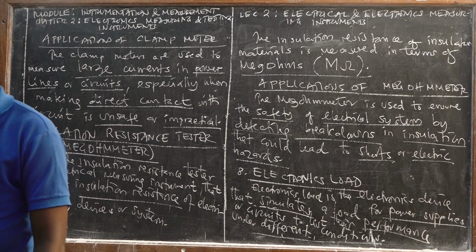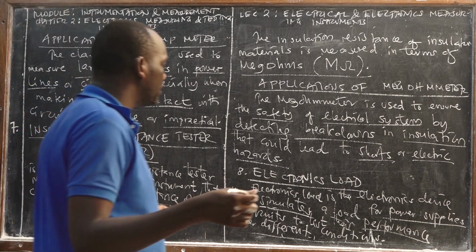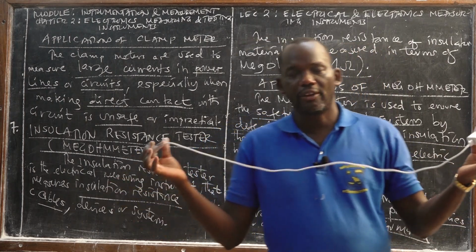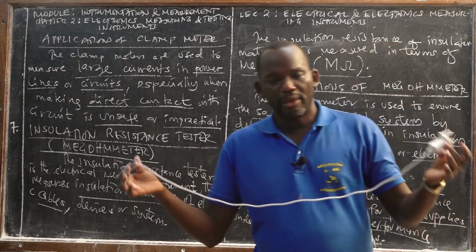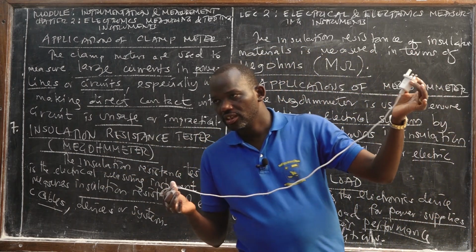Can I have a mobile charger or computer adapter? Stop writing. This is a good example of a power supply. The main function of this mobile adapter is to convert AC into DC.